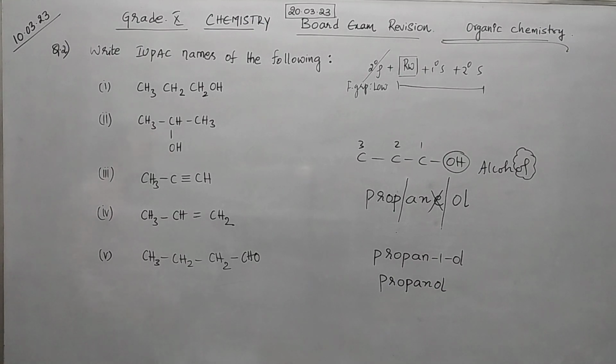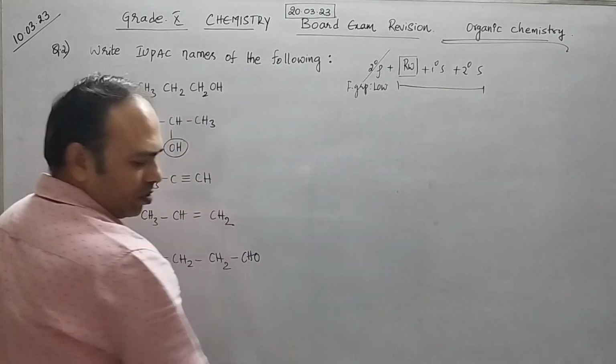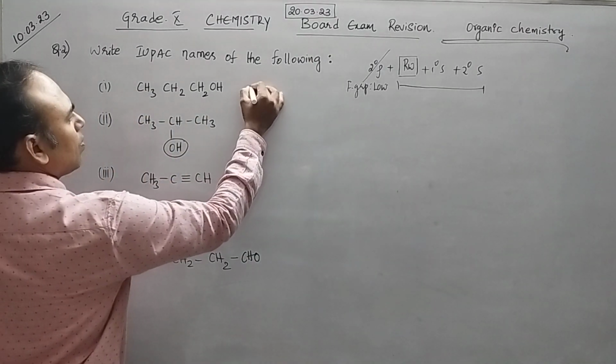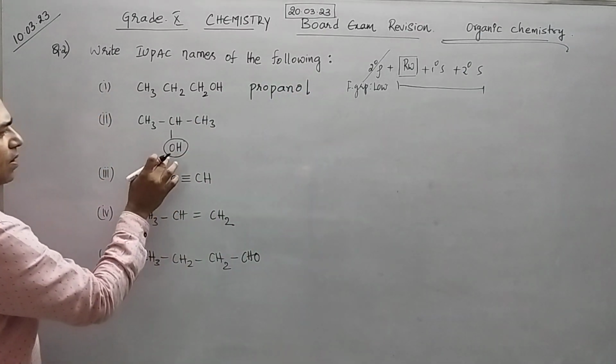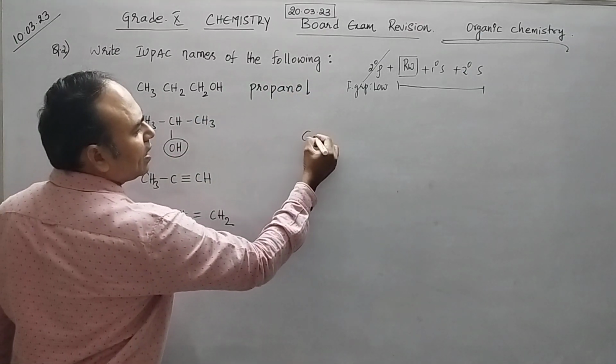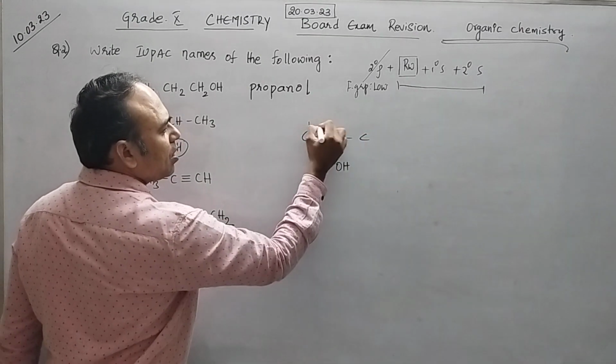Now the second one. Here also you have OH, again the functional group. So we need to check the numbering also. This was written as propanol, first position, but now it is at the second position. Again take the carbon skeleton, 3 carbons, and here it is OH, at the second position.